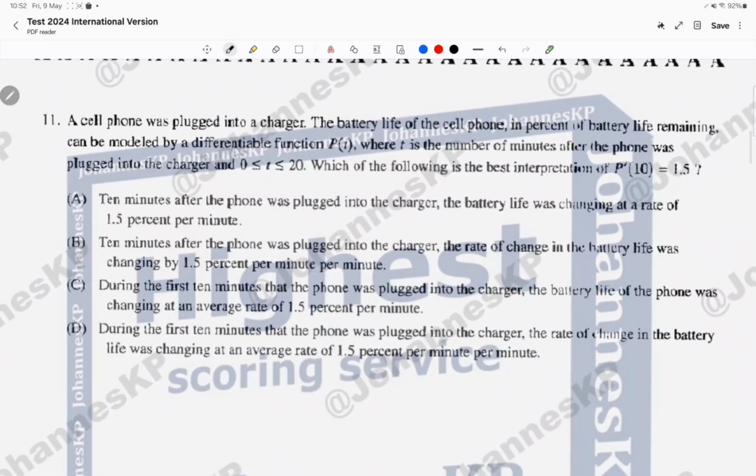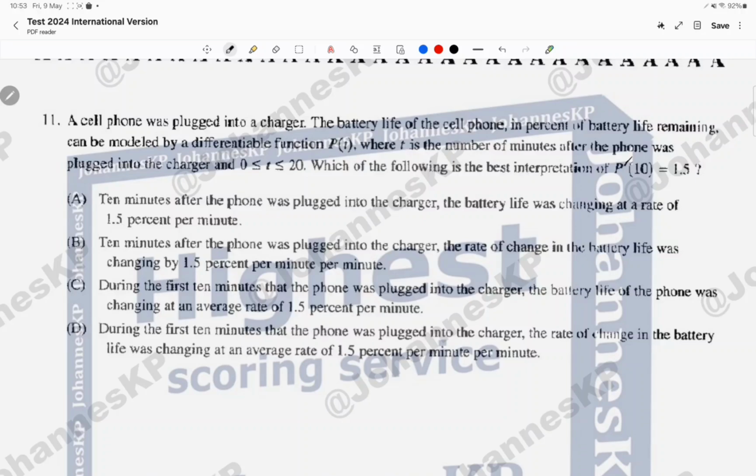Question 11. A cell phone was plugged into a charger. The battery life of the cell phone in percent of the battery remaining is given by the differential equation. Which of the following is the best interpretation of P prime? Now, do you know what P prime would mean to a function?